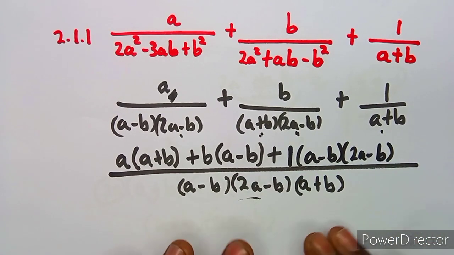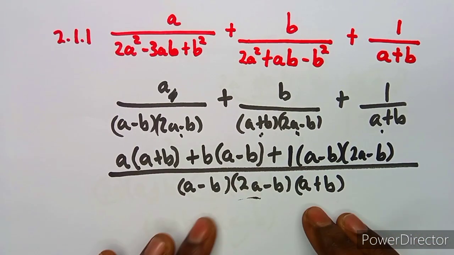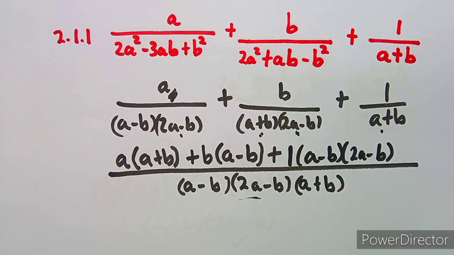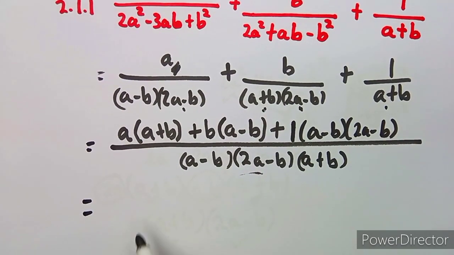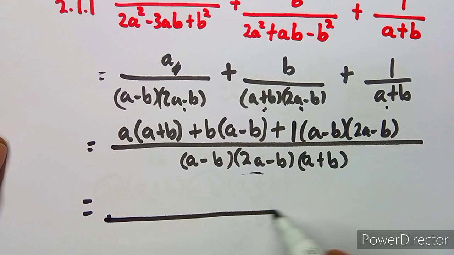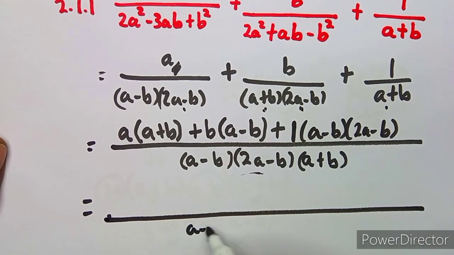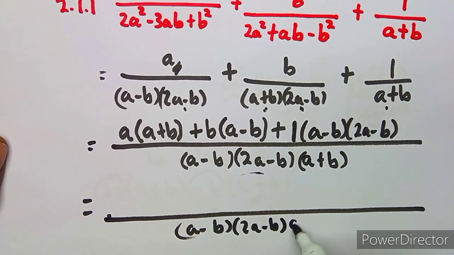So you assume cancelling, you don't cancel this LCD, you maintain it. All right, you maintain it. So let's maintain it throughout. So we are going to have a minus b into 2a minus b into a plus b. We have to maintain this.